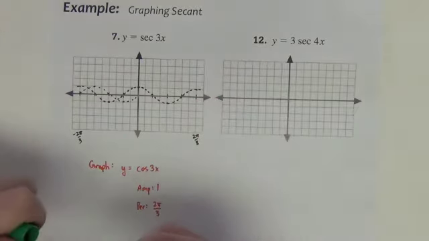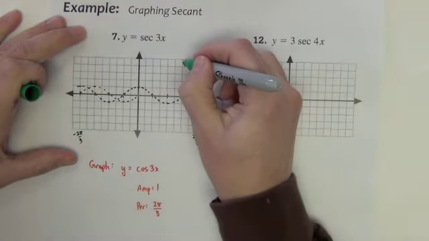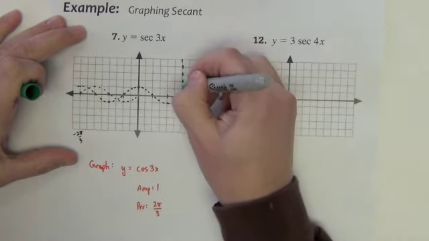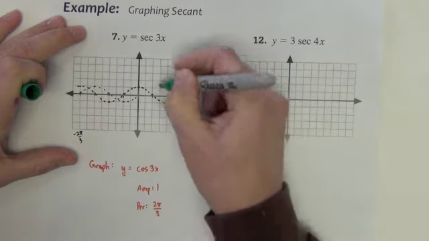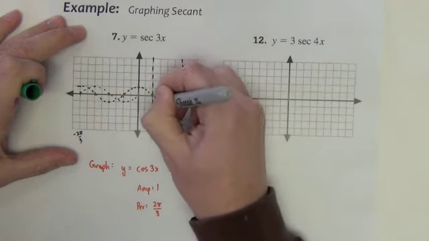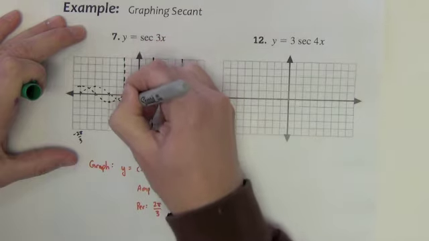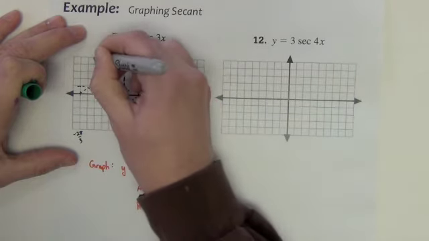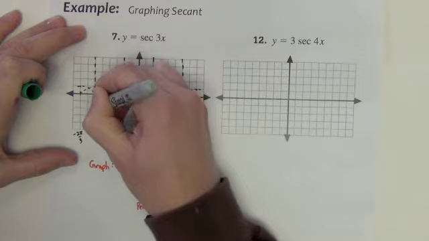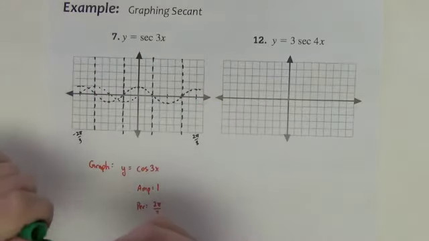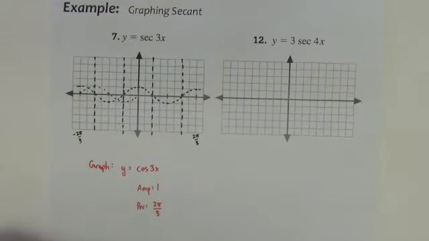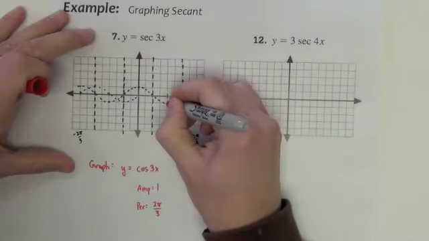Okay, so we're looking at the green color, ignore the black. Okay, the asymptotes are where this graph crosses through the x-axis. Okay, and now to actually draw the graph we're after, we're going to reciprocate all those curves.